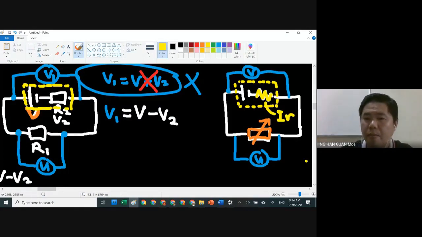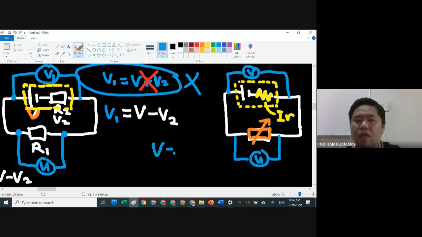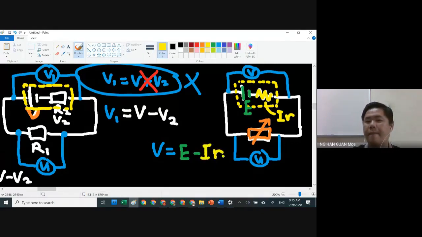So when I increase I, I get a lower V, because V is equal to the EMF minus IR. So when I is higher, V gets lower. E is a constant.